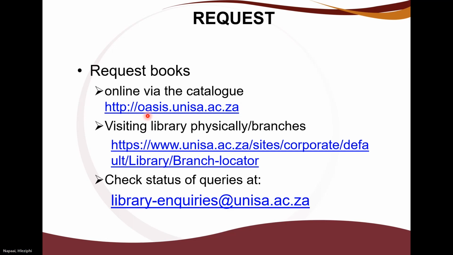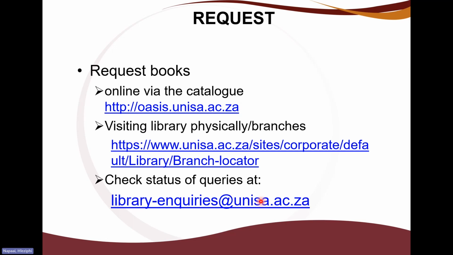And you can check the status of your request using this library inquiries link, to check whether the book has already been sent to you, or you want to cancel some of the requests, because there are times when you request something, then you realize this is not what I want.